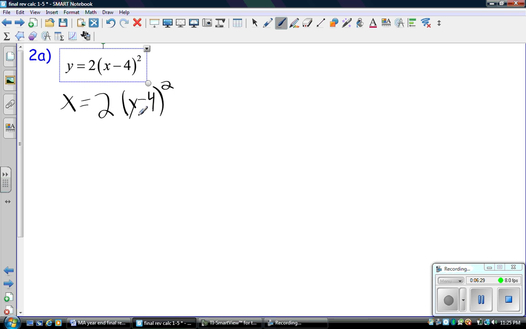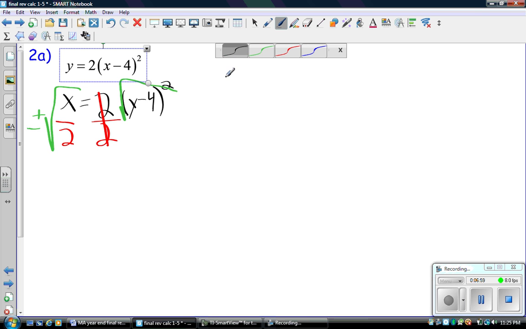So the first thing I would do is divide by 2. We'll get some colors involved here. So divide by 2. So that's gone. Now I would square root both sides. There's a square root, nasty square root. Now, do realize when you square root, you get plus or minus. Don't forget about that. So let me write what I have now.